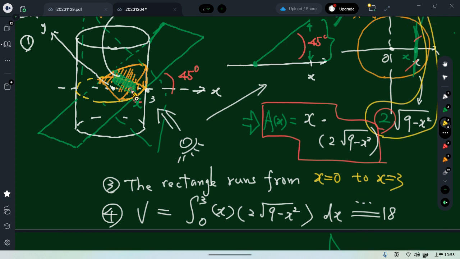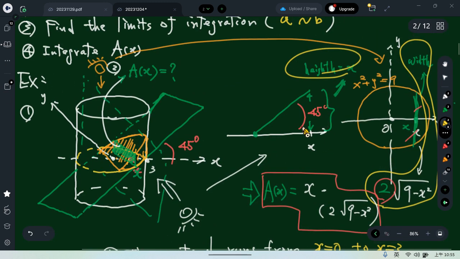So we just divide it into two parts. How can we get the height? When your x is at some certain point, x, right? If this is x, because this is 45 degrees, of course this is also x. So it should be x.